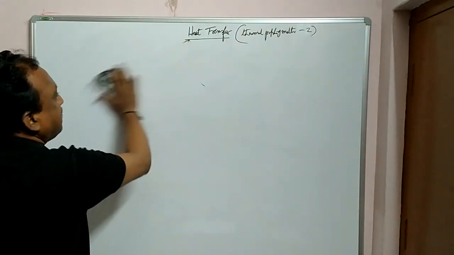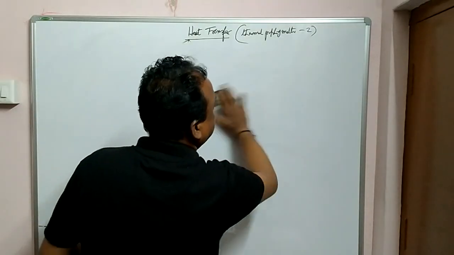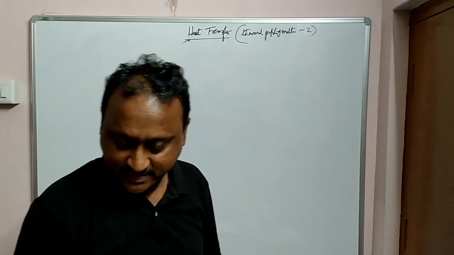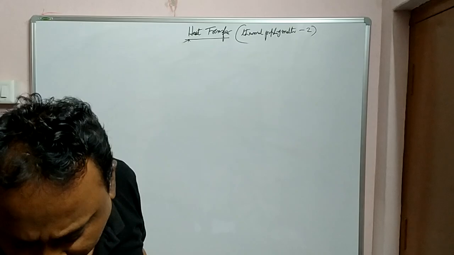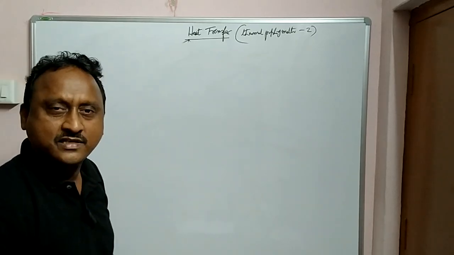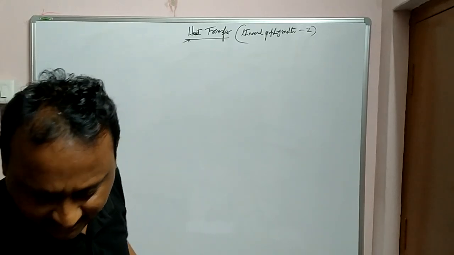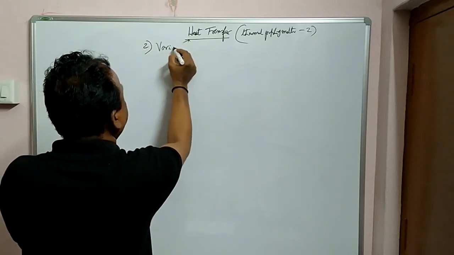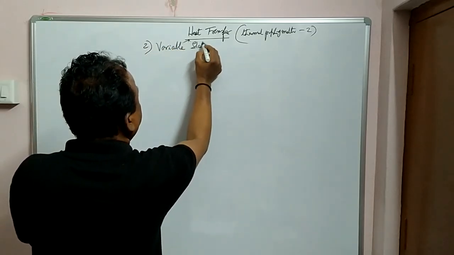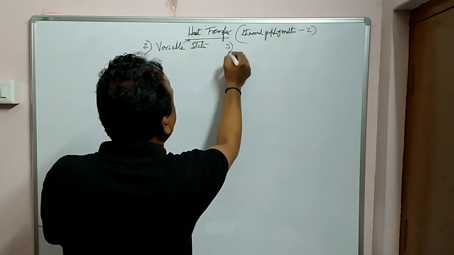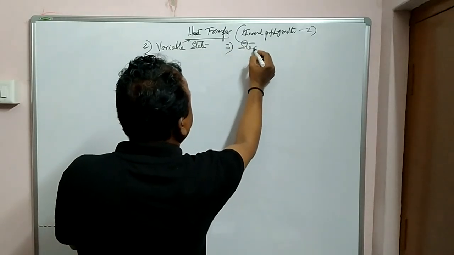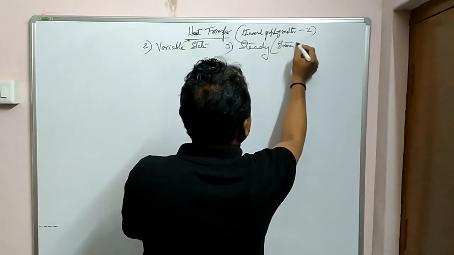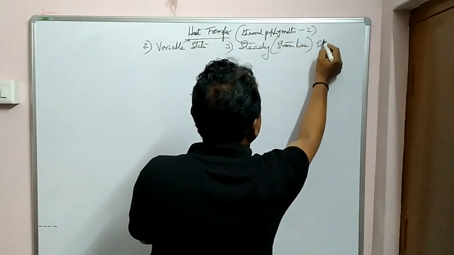So these are the different modes of transfer of heat. Okay? Now let us see the next thing, that is called variable state and steady state. Second one, that is variable state, and the next one is steady state or streamline state.